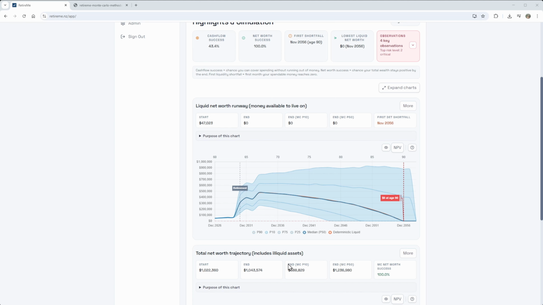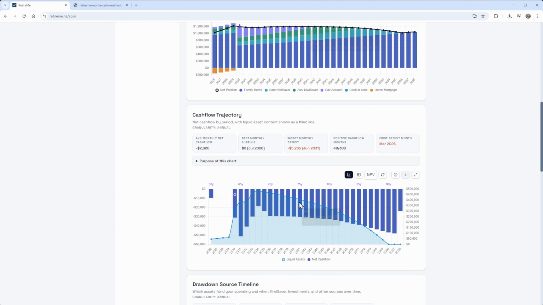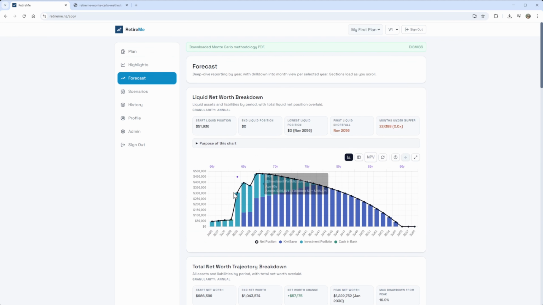The goal isn't for it to be perfect, but rather to build a plan that performs well against a wide range of possible futures. When you look at the analysis and dive deeply into these things, these graphs are not Monte Carlo, because there's just no way you could see enough information. This is the deterministic view. This is the planned view using the assumptions that you've applied to the model.